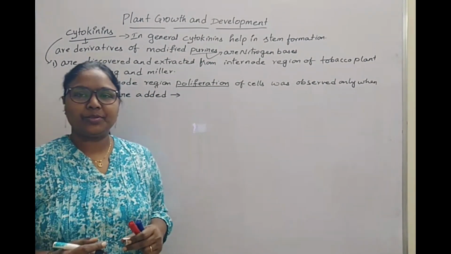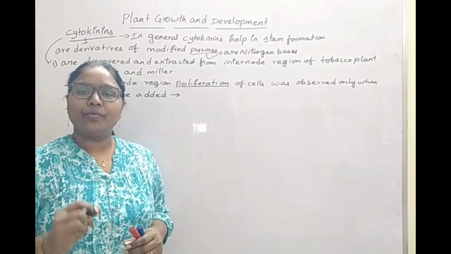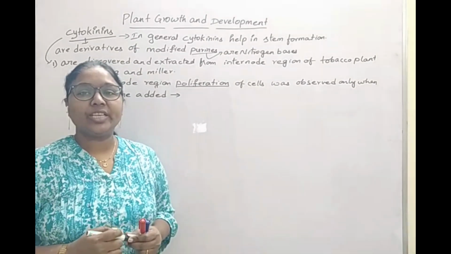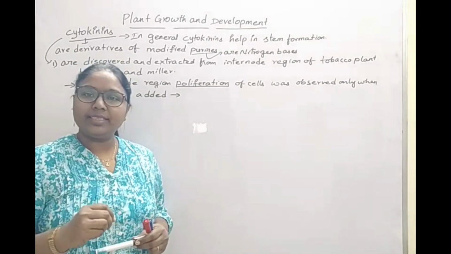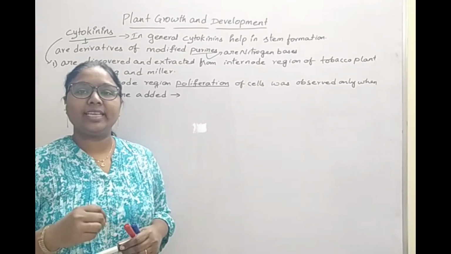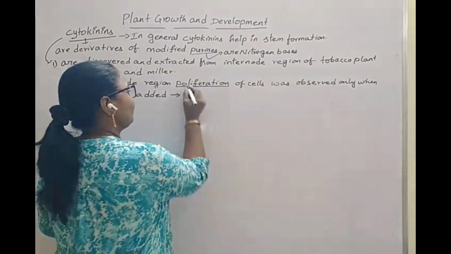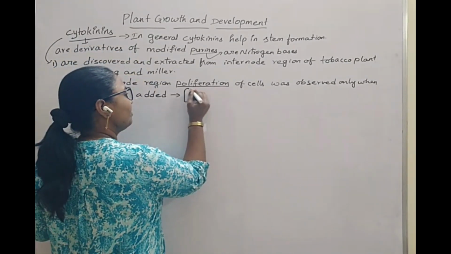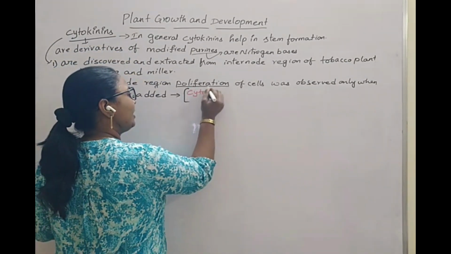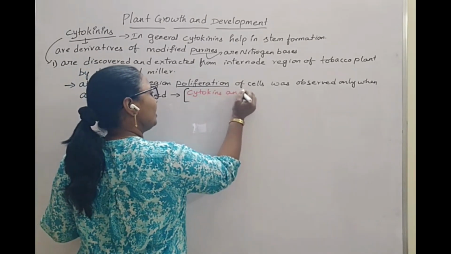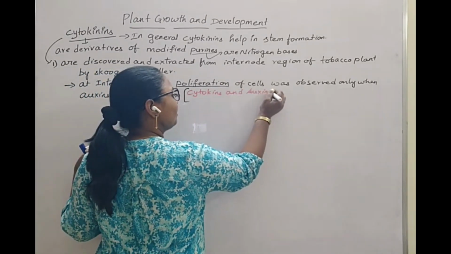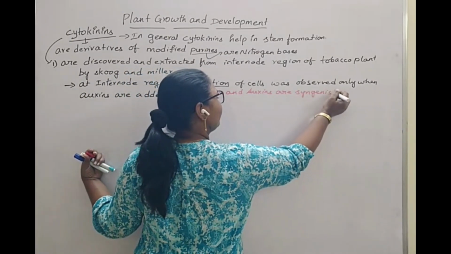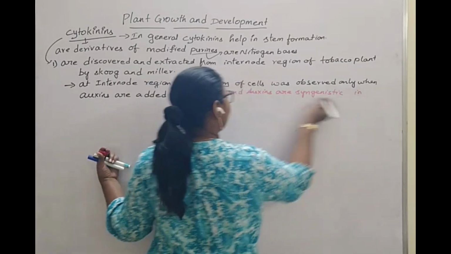When two different types of hormones are responsible for one single or same type of function, such a condition is called synergistic, or we say that the hormones are synergistic in nature. Cytokinins and auxins are synergistic in nature.